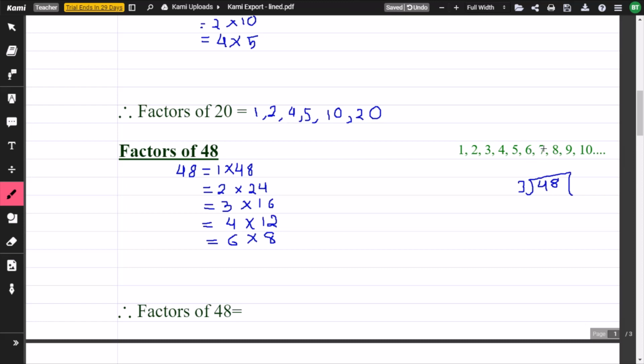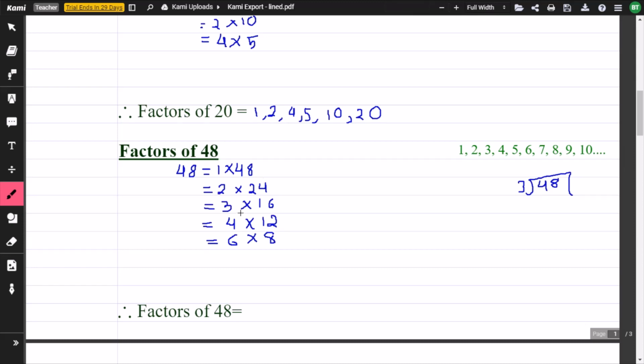The next number is 7 here. Is 48 divisible by 7? 48 is not divisible by 7 because 7 times 7 gives 49, which means 48 is not divisible by 7. So after 7, move to the next number 8. But you can see here 8 has already come here, which means you have to stop because we have got all the factors of 48.